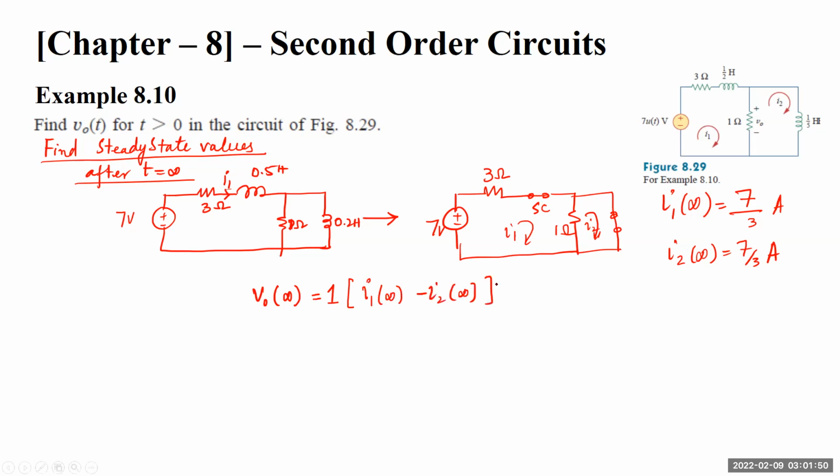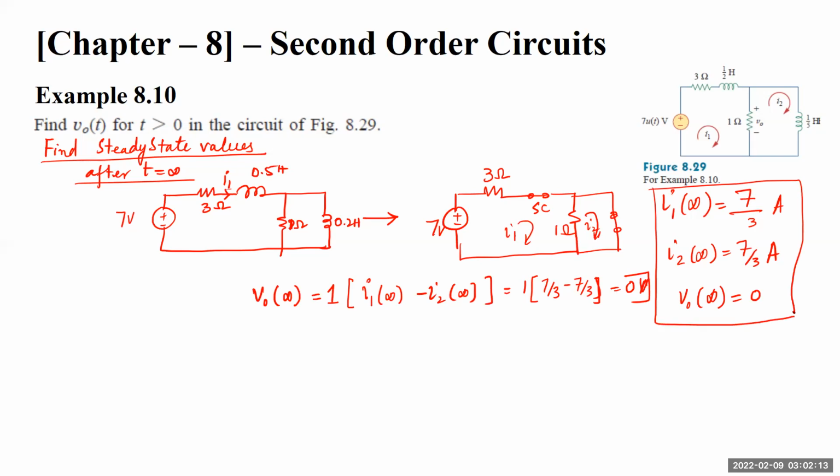This is how we calculate it. So it will be 1 times 7 by 3 minus 7 by 3, which becomes equal to 0 volts. So V naught at infinity is equal to 0.